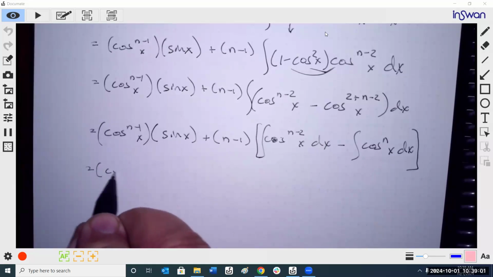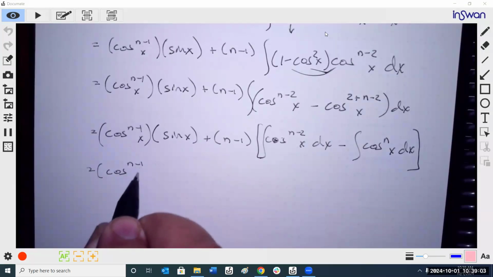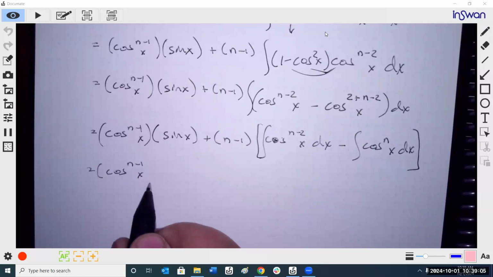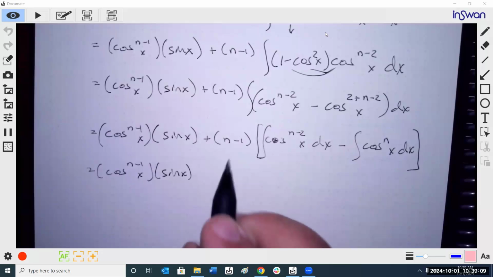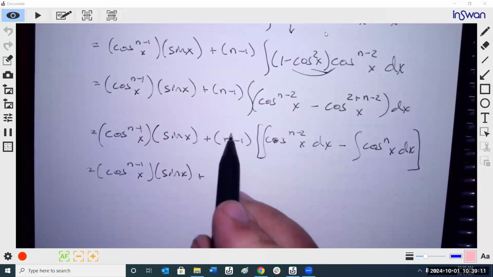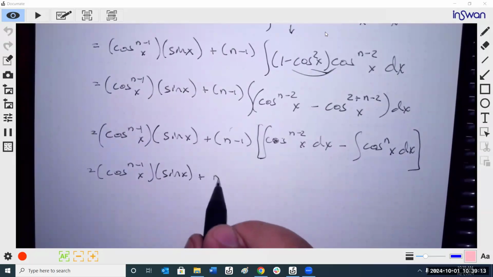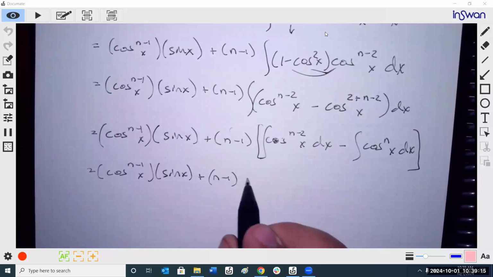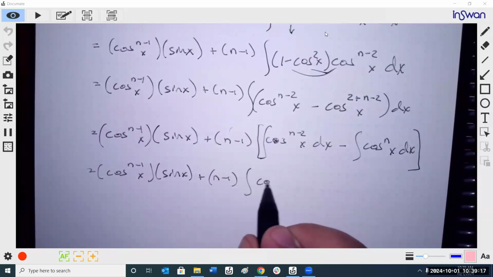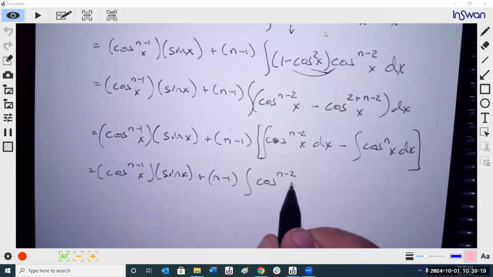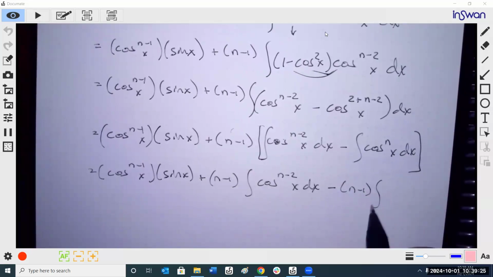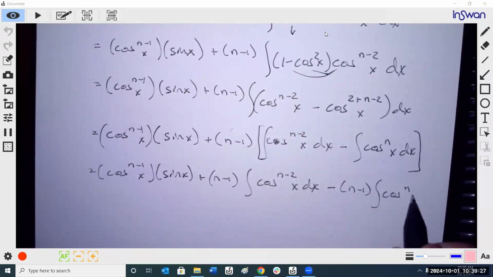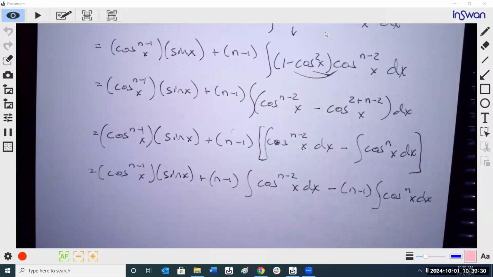So we have cosine n-1 x times sine x. So it's n-1 times the integral of cosine n-2 x dx minus n-1 times the integral of cosine n x dx.